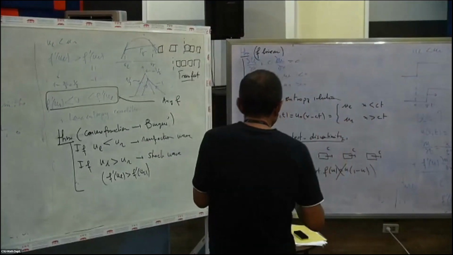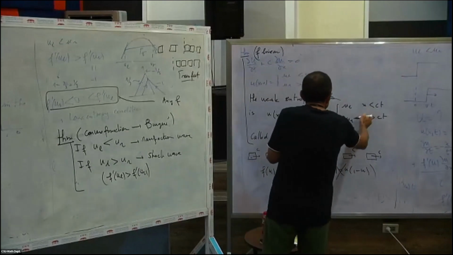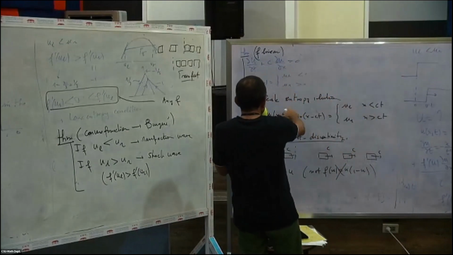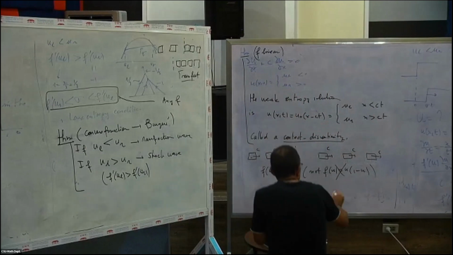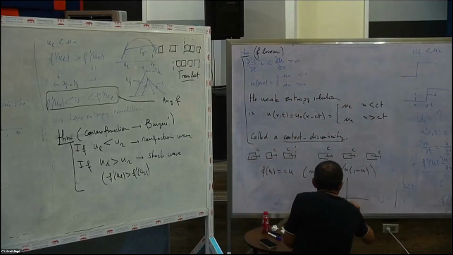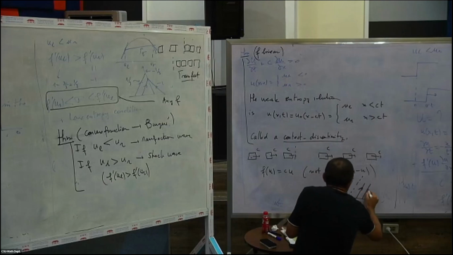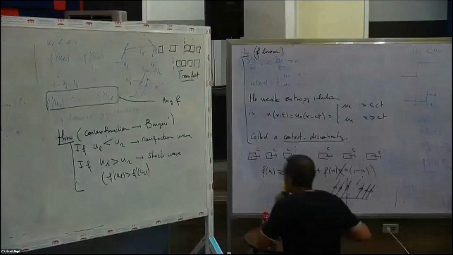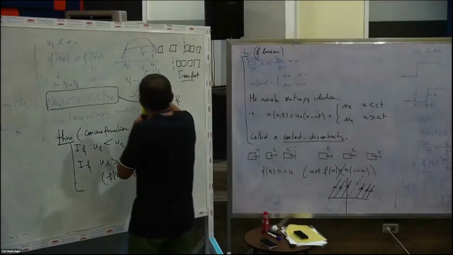And if you see the characteristics, if you compute sigma, sigma is f of u_l minus f of u_r, etc. So the discontinuity, we put it like this, and all the characteristics are parallel. They don't cross. If it's a shock, it means that the characteristics go into the shock.